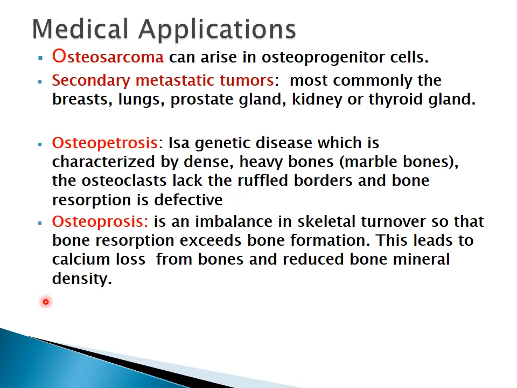Then osteoporosis. Osteoporosis is a common disease of females after the postmenopausal age, and is an imbalance in the skeletal turnover, so that bone resorption exceeds bone formation. This leads to calcium loss from the bones and reduced bone mineral density.